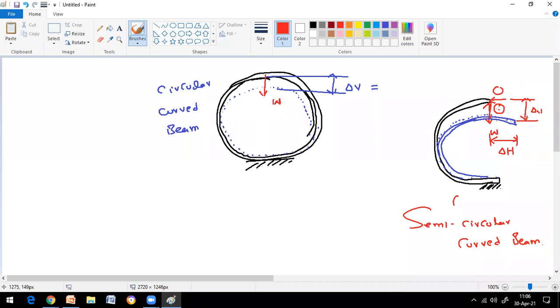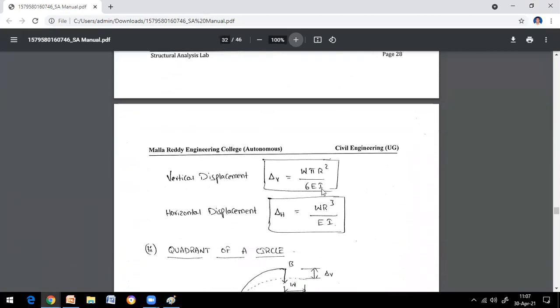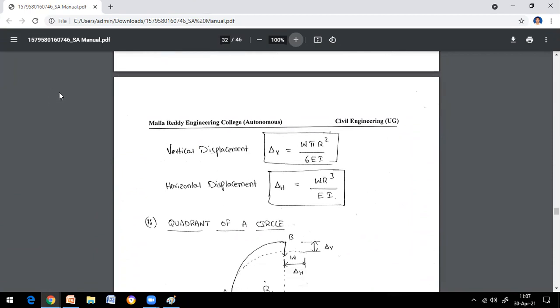So this value you have to compare with the theoretical formula of vertical displacement and horizontal displacement. Okay, what is the formula? See, delta V is equal to W pi R square by 6 EI.